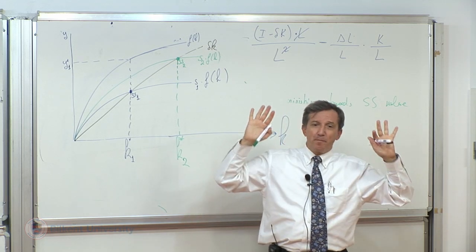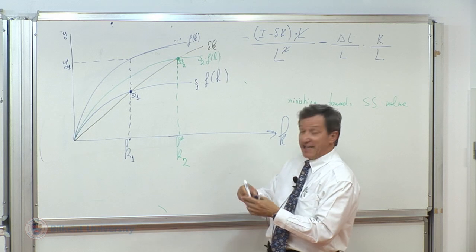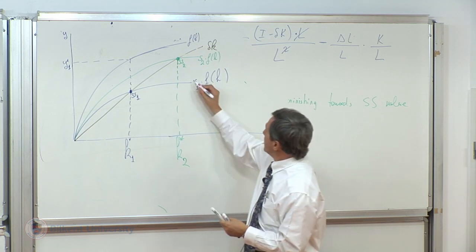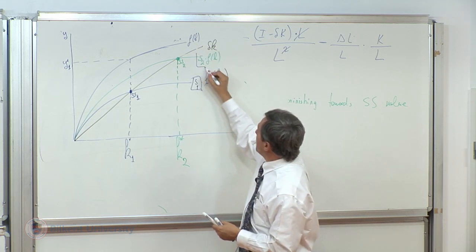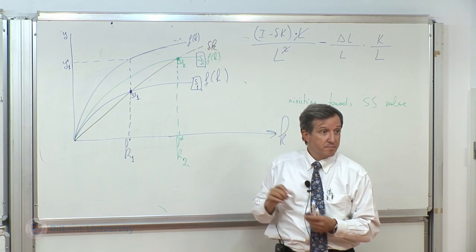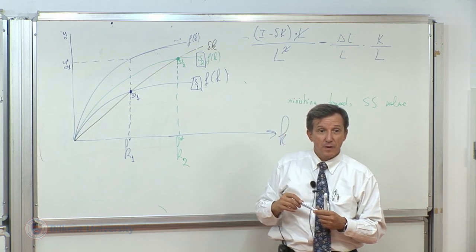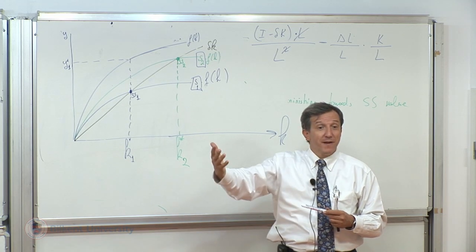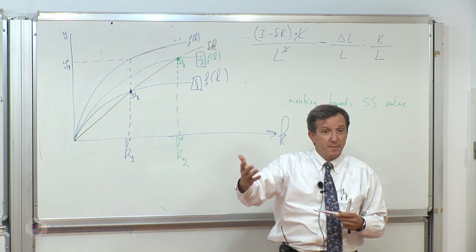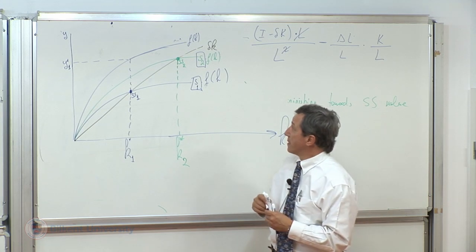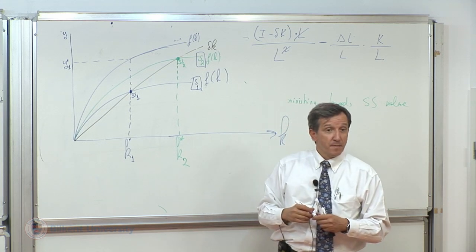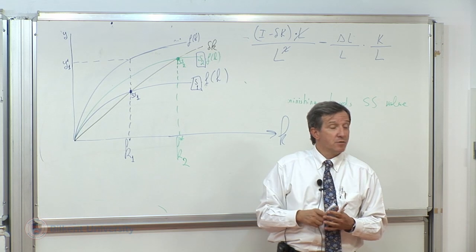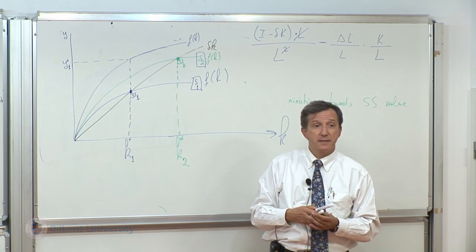For some particular reason, I am instructed to increase my saving rate from S1 to S2. The returns to investment seem bigger, and I continue to do so. How about output? How much do I produce now? More, less?